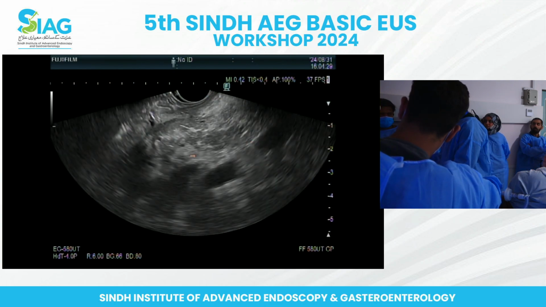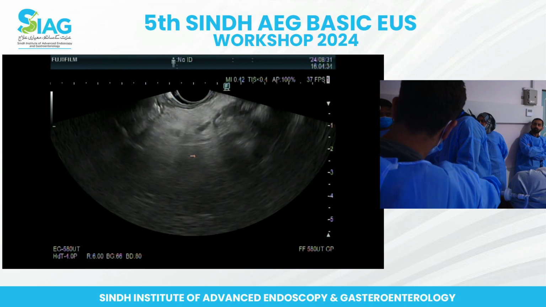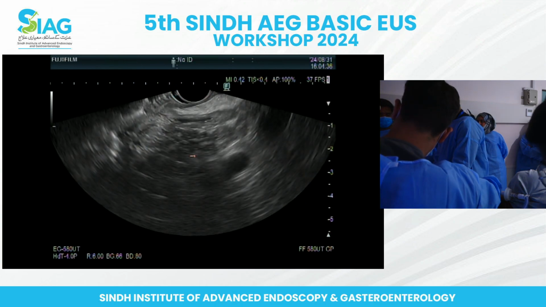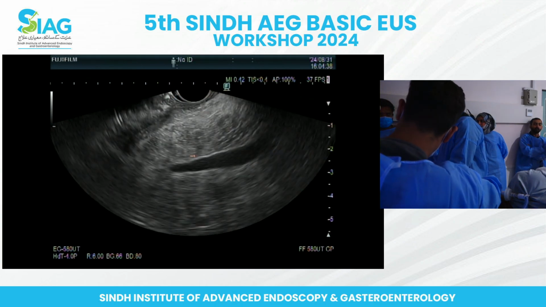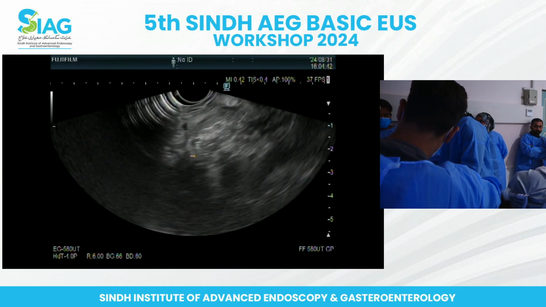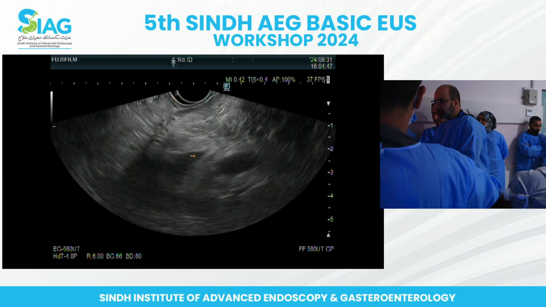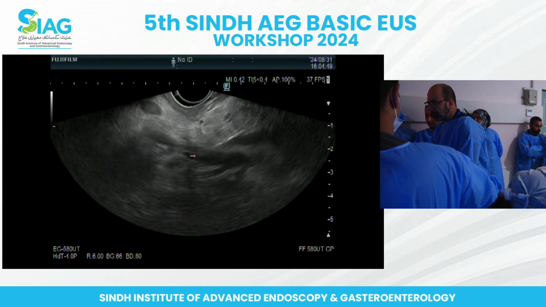I'm not seeing a definitive lesion here. There was one view that you had where I thought there was something. That was from the bulb. Yeah. But right now with both these views, I have not seen anything. The only thing I can think of is we could potentially sample the lymph nodes.